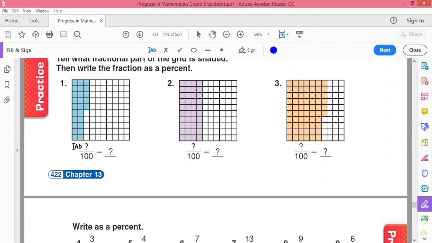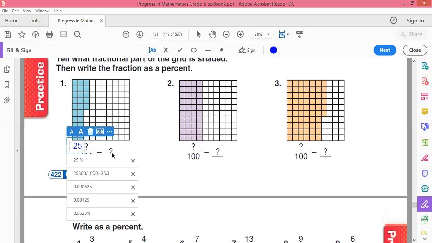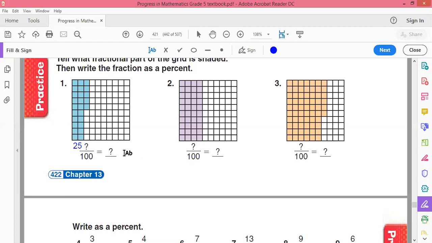Very good, 25 boxes are shaded. 25 out of 100. So in percentage, how can you write it? 25%. Yes, write like this.